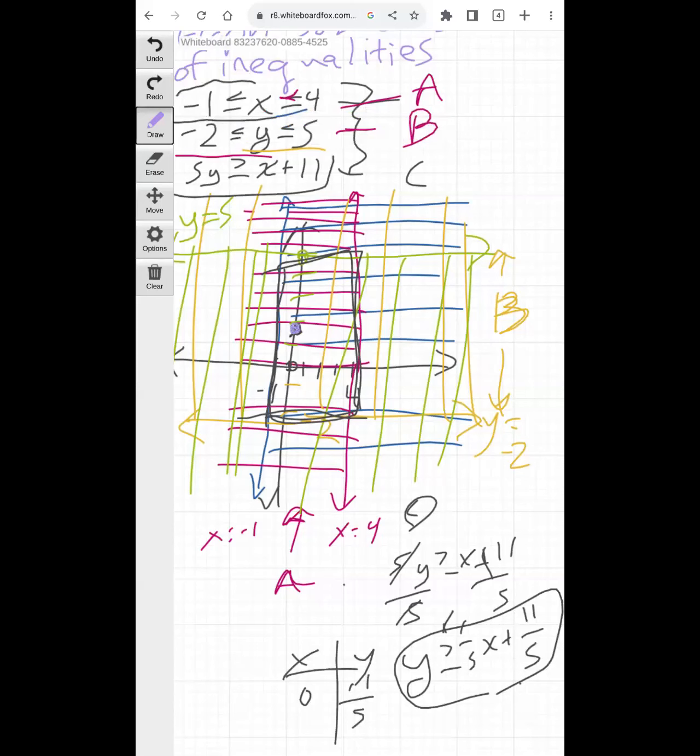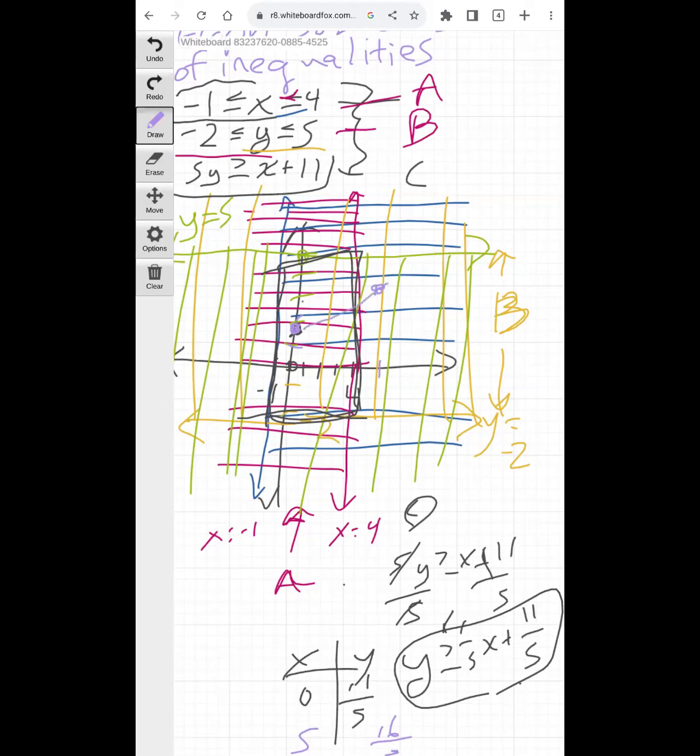Another possible point is if x equals 5, then y would be equal to 1 plus 11 over 5, so 16 over 5, a little bit over 3. So the point is 5, and then a little bit over 3 would be something like that.